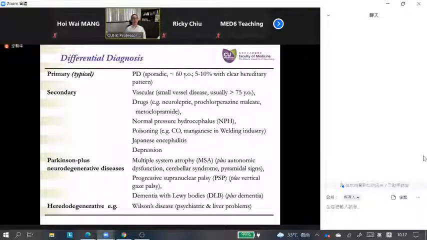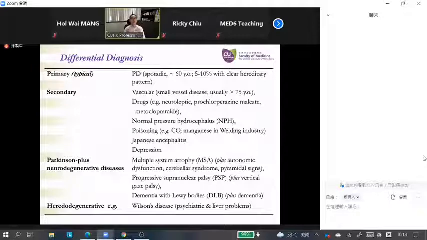Okay, now let us move to Parkinsonism. For your information, if you sit in our movement disorder clinic on a Tuesday afternoon, 80% of movement disorder cases are Parkinsonism, and hyperkinetic, fast movement disorders are much fewer.